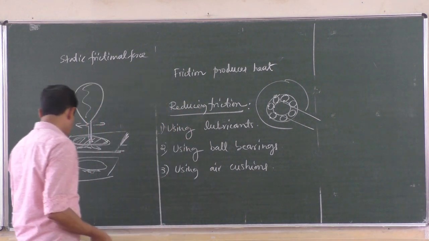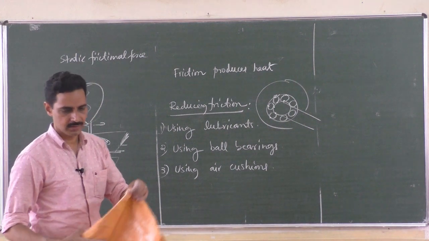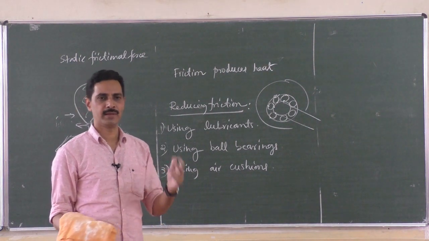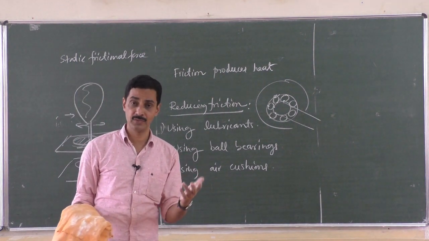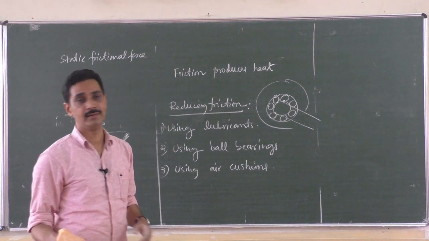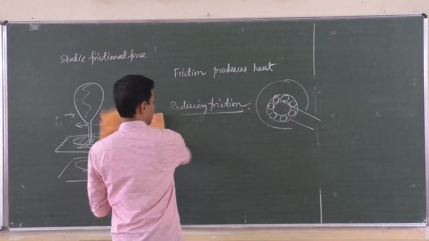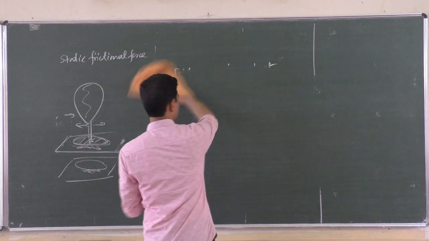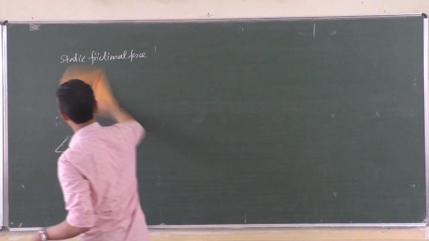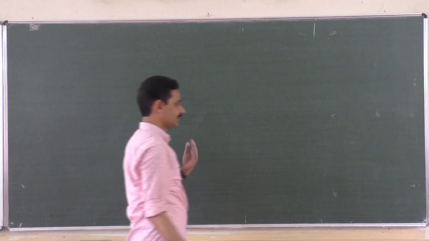Okay, so summing up, advantages of friction: friction helps to walk on the ground, friction helps to start a vehicle, stop a vehicle. Brakes can be used to stop a vehicle only when there is friction. Friction helps us to hold the pen. Disadvantages: because of friction heat is generated between different surfaces and they get damaged, and machine parts get damaged.